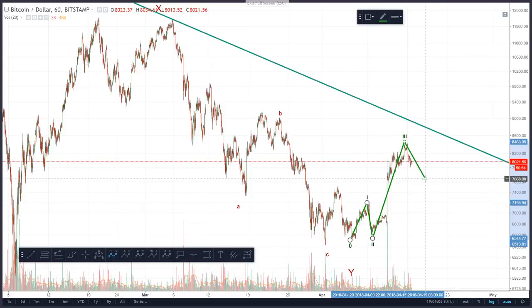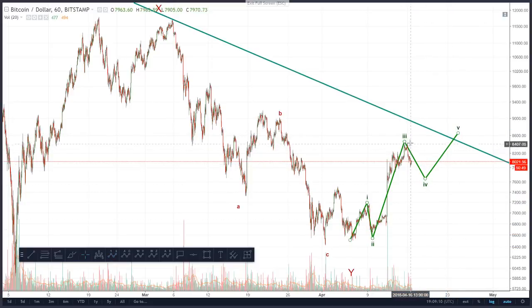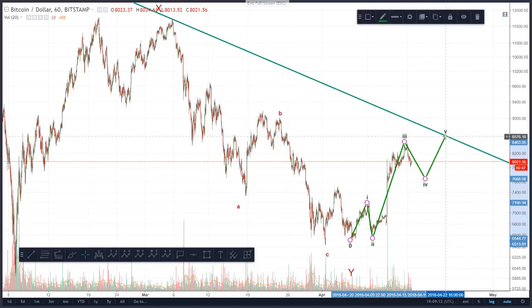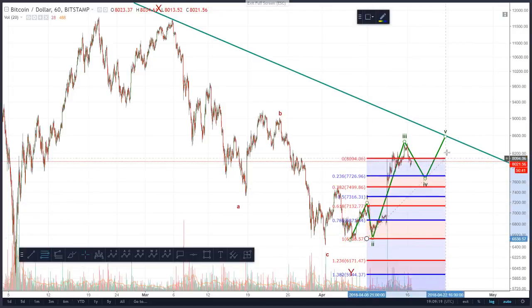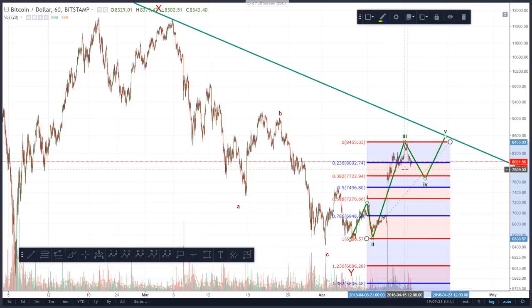However, if it just retraces, typically a wave 4 will retrace 38.2% of the wave 3. So it's come down to around the 23.6 so far.